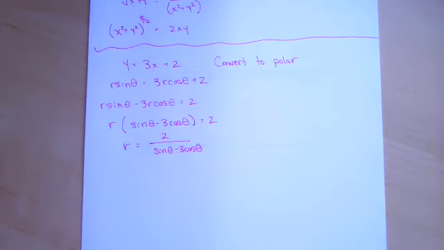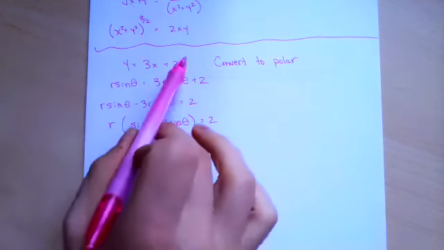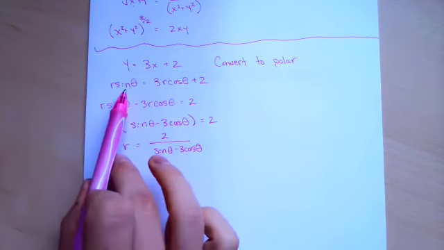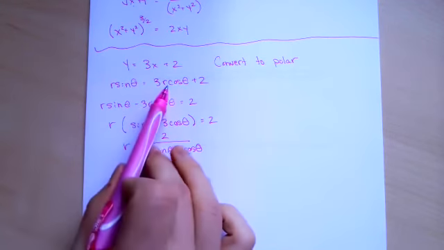So you can check those ones on Desmos, but that's going to be pretty typical. This process, if it's a quadratic equation or any other equation, use your r sines and cosines, and then sometimes there's some simplification to do. Of course, you may want to use Pythagorean identities.